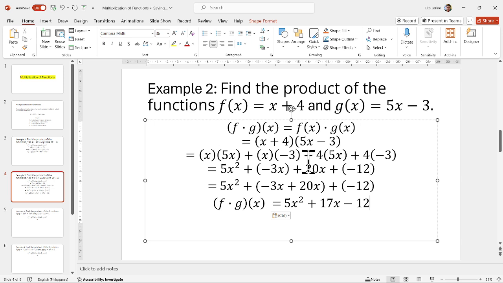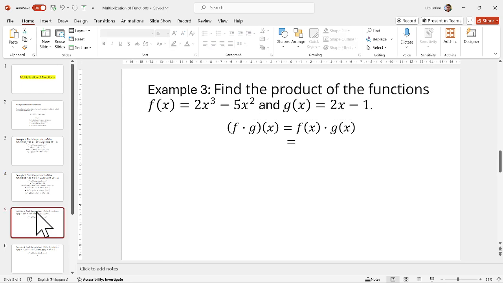So again, each term of the f of x expression will be multiplied to each term of the g of x expression. So we have x times 5x, x times negative 3, plus 4 times 5x, plus 4 times negative 3. It would be better if we do it this way for you to better understand the process. And the product is 5x squared plus 17x minus 12.